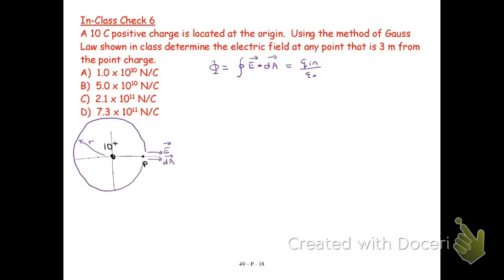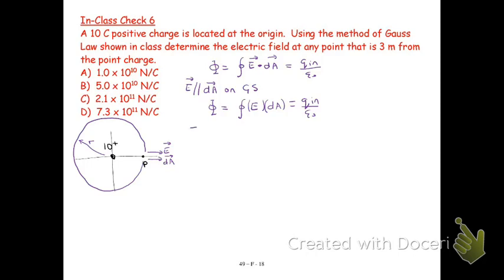And then I say, oh yeah, E is parallel to dA on Gaussian surface. So my flux is equal to the integral of E times dA, which equals Q inside over epsilon naught. Yeah?